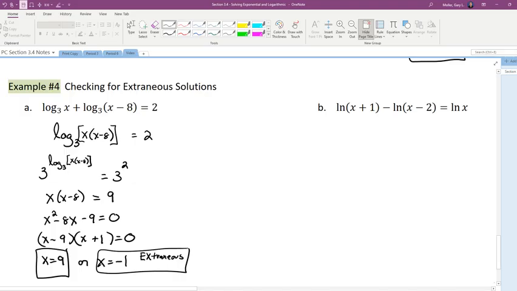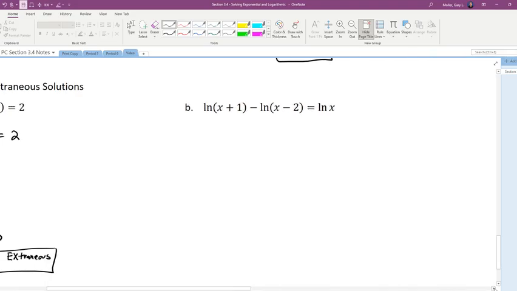All right, let's take a look at B. Once again, I think condensing makes a lot of sense. I'm going to condense these together, which would give me (x + 1)/(x - 2) = natural log of x.